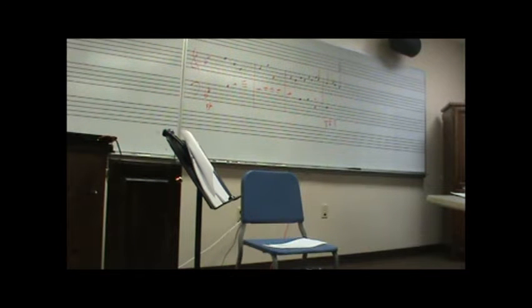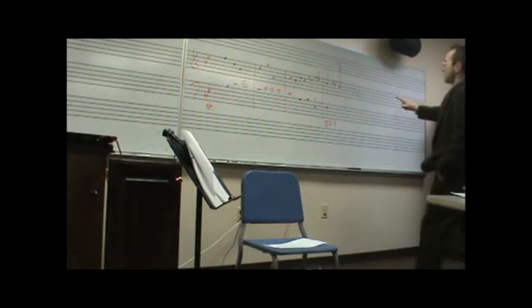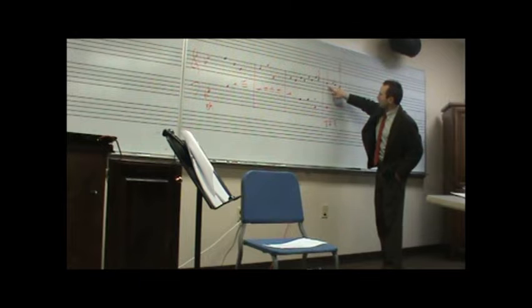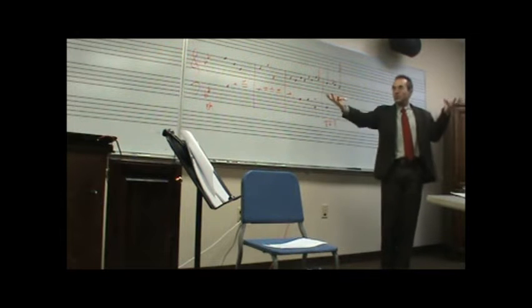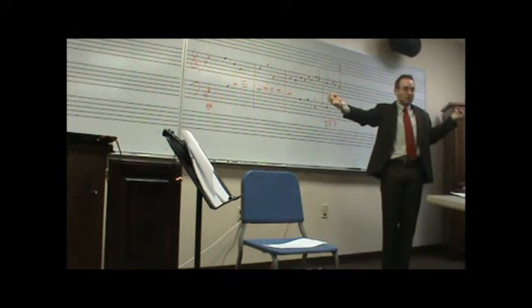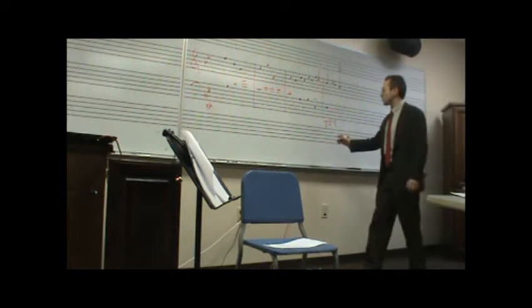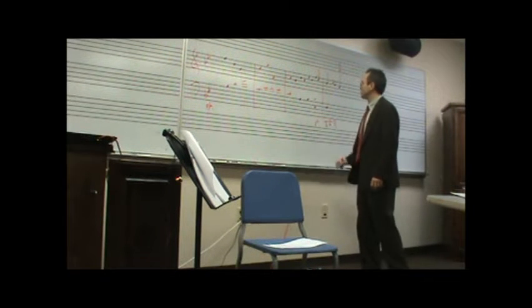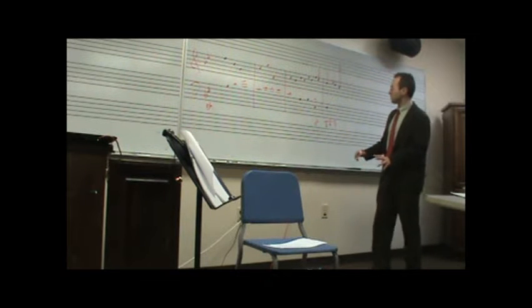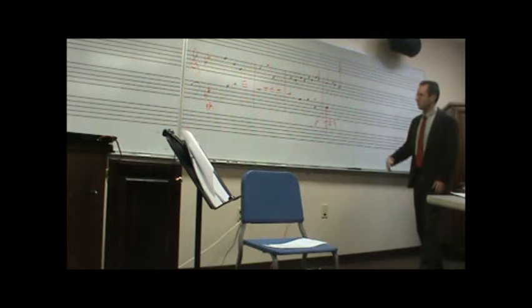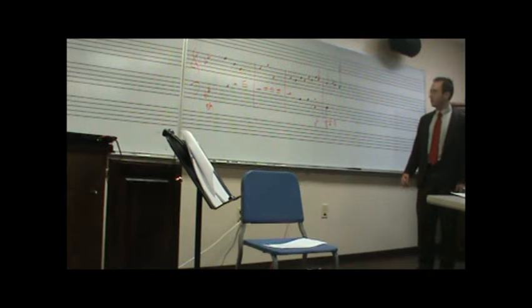So those are two very different kinds of belonging. One is, this is an incomplete neighbor to that. This shows neighboring motion, but the slur shows that those two notes belong together because they belong to the same chord. It's a cadential 6/4. Okay, harmonically what we do is we say, here's the goal of that phrase, and we put a big fat stem on there.